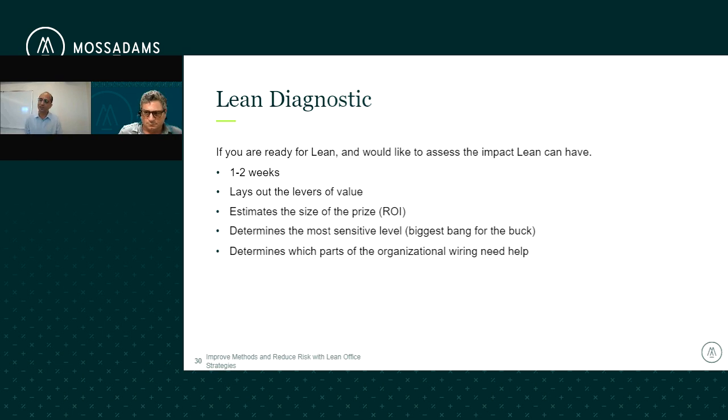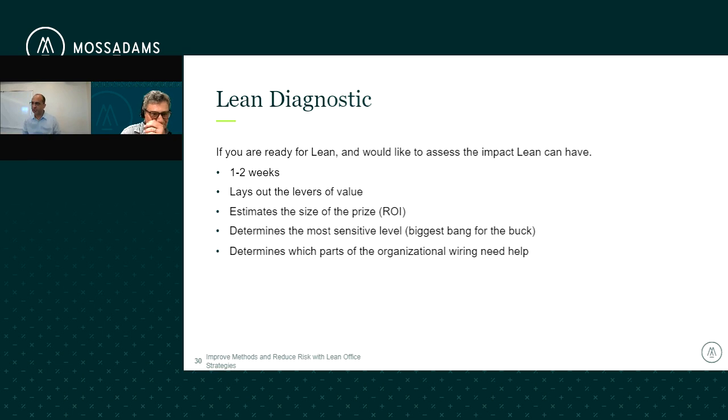Do we need to improve the HR processes? Do we need to improve the IT processes? All that stuff is determined in these 1 to 2 weeks. And if you improve the HR processes, you'll see an impact of $5 million. Depending on the company size, if you improve manufacturing processes, you will see a $10 million impact within the first year.